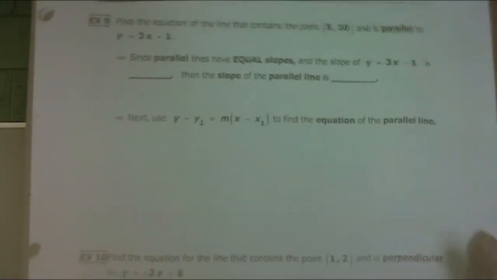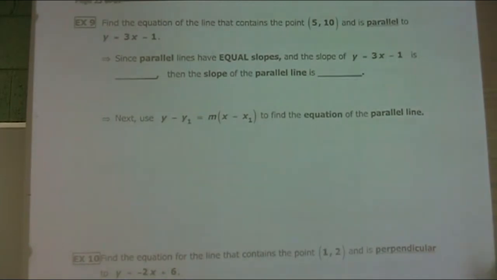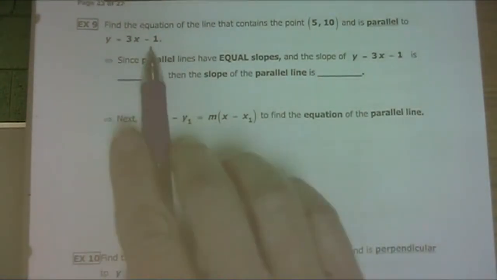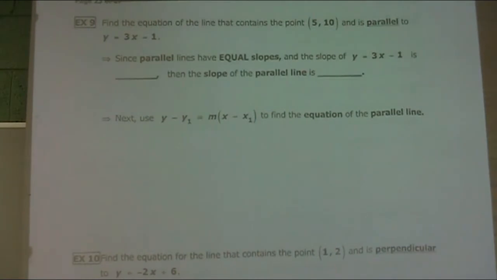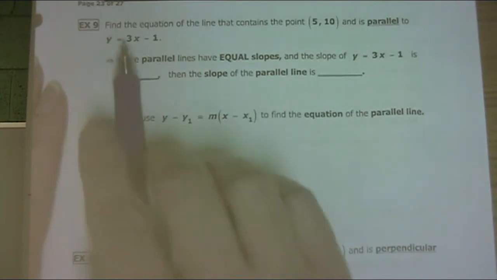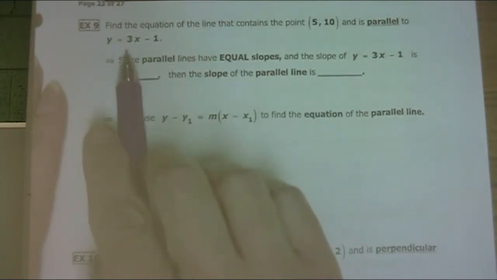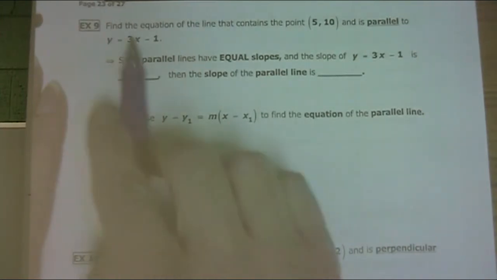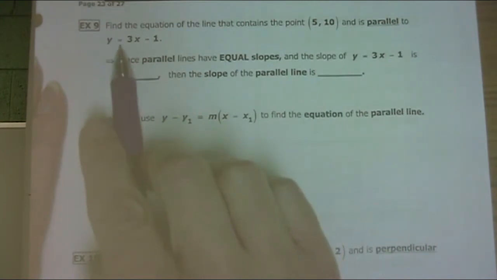And in example 9, it says find the equation of the line that contains the point (5, 10) and is parallel to this line. So here's what we're using this for. If we know it's parallel to this line, then it has the same slope as this line. So we just need to figure out what the slope of this line is.